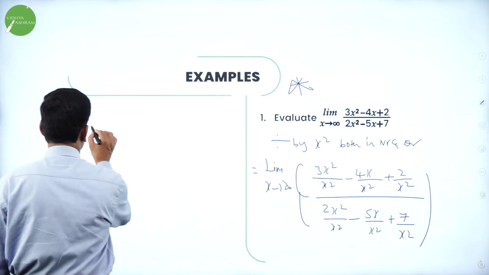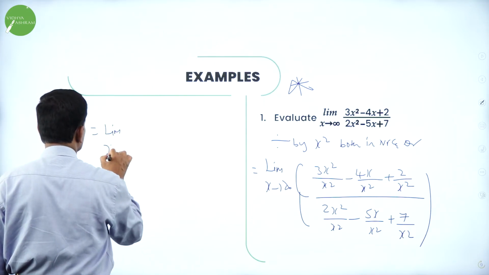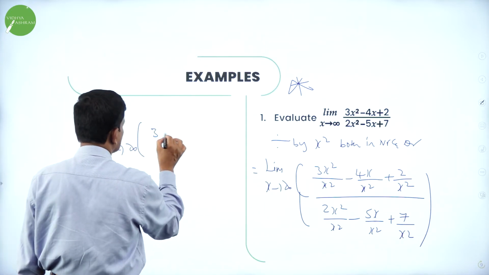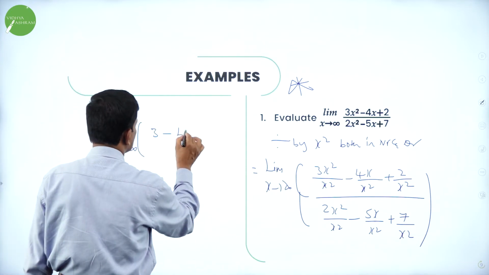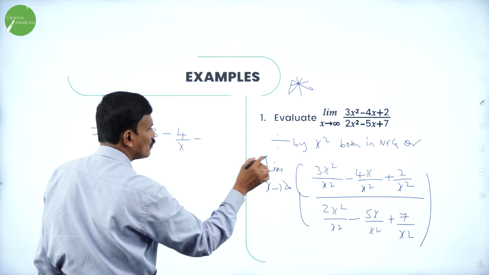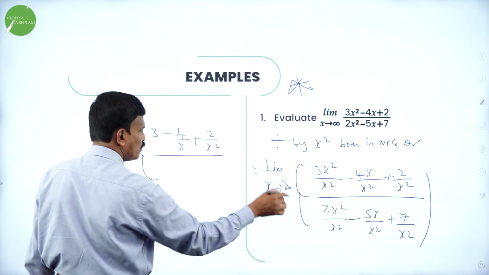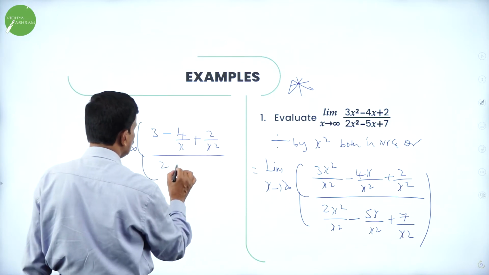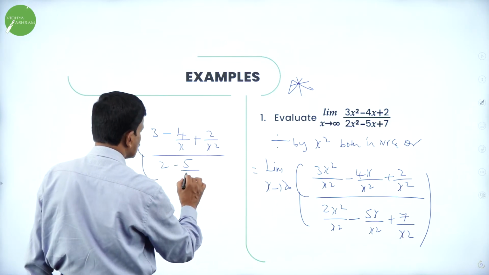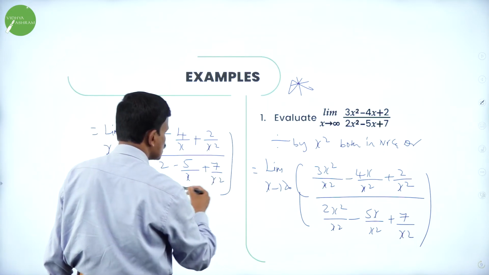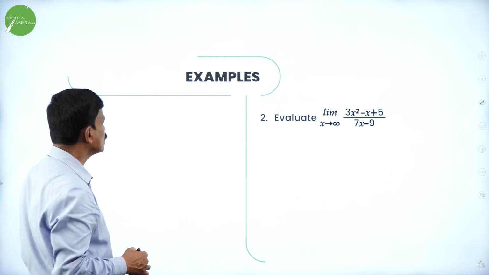Now x square gets cancelled, 3; x and x gets cancelled, 4 by x, plus 2 by x square, whole divided by the denominator: x square gets cancelled, 2, minus 5 by x plus 7 by x square. Now let us apply the limit for this.